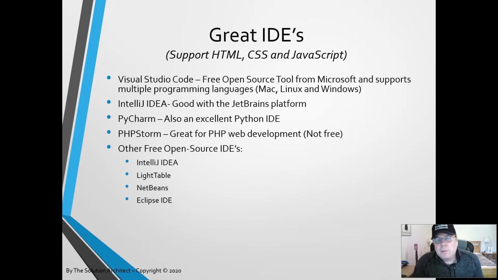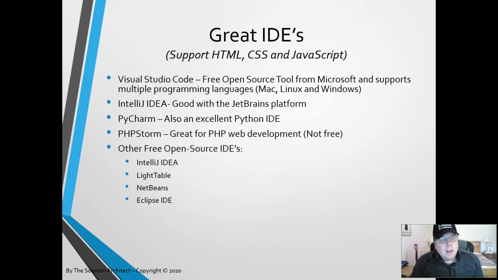But when Visual Studio Code came out, which is a free open source tool from Microsoft, you won't pay for it. I'll show you how to download and install this, and it works on Mac and Linux and Windows, which is quite good. I think they made a very good choice of developing that open source tool.